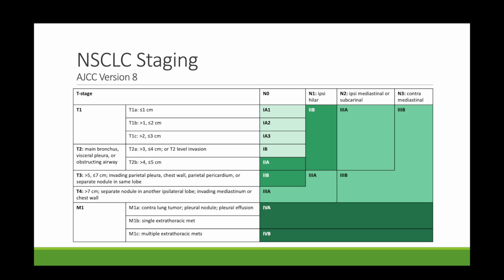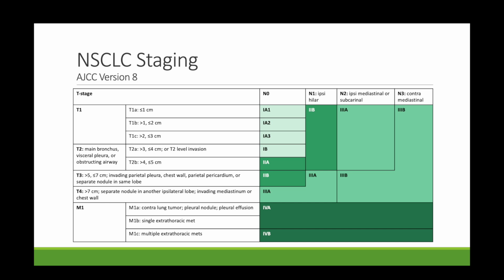T2 can also be made T2, specifically T2A, if there is invasion of the main bronchus, the visceral pleura, or if there's an obstructed airway. So just remember, like visceral pleural invasion or bronchial involvement causing even obstruction sometimes, that makes you T2.